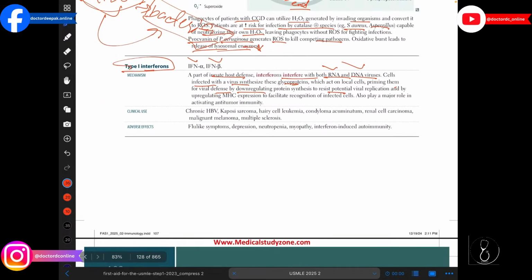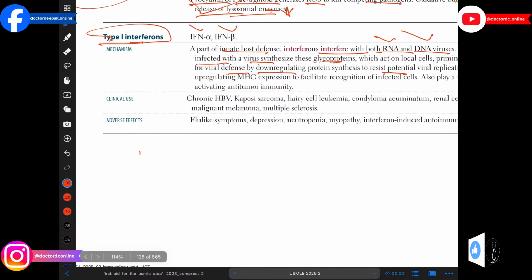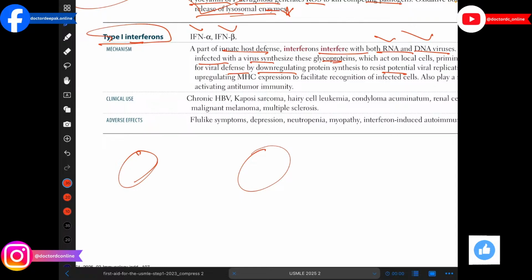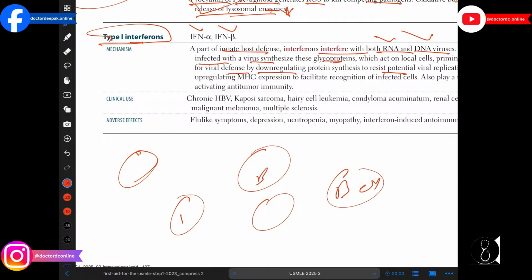What is happening, for example, in simple words: this is one cell and these are other cells, and when bacteria or viruses come and attack that cell, the interferon molecules present in that cell will go to the different cells and give the signal to stop the production of protein.